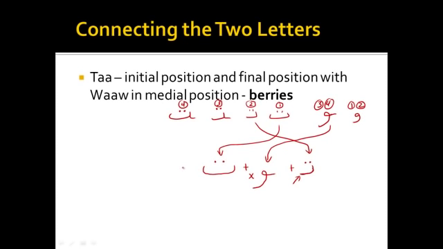And if we add all of these up together, we get this word here. Toot. And we pronounce it like this. Great.